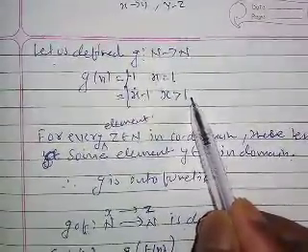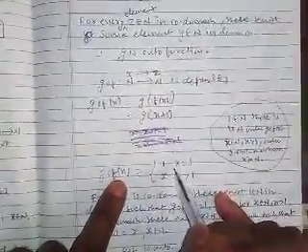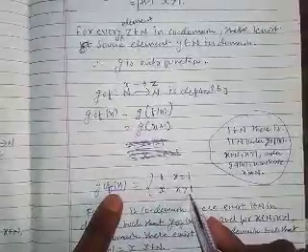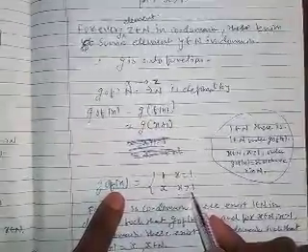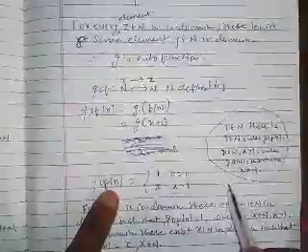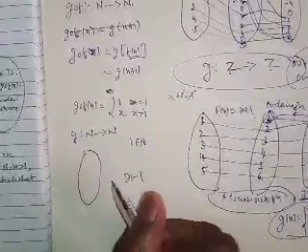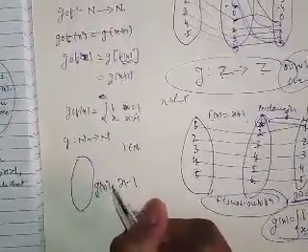One, g∘f of x is equal to 1 when x is equal to 1, and g∘f of x is equal to x for every x greater than 1. How did we get it? See, g of x is equal to x minus 1.